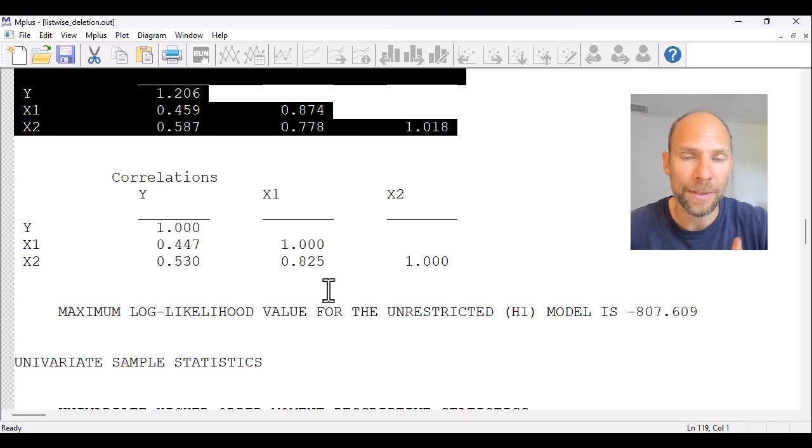Notice that these sample statistics will obviously differ from what you would get, for example, in SPSS using listwise or pairwise deletion, where those statistics would look different, most definitely, because they are based on fewer cases, different cases, and a different handling of missingness.